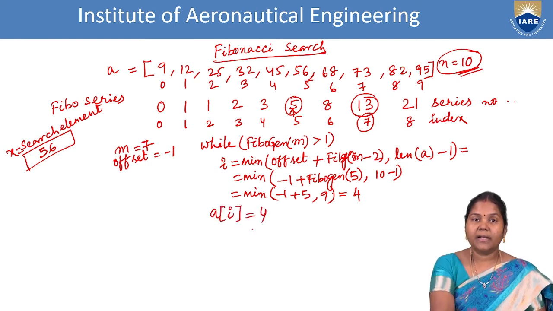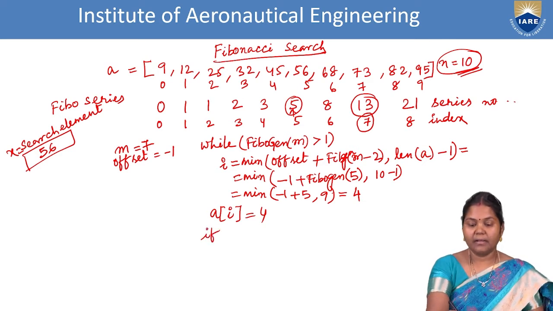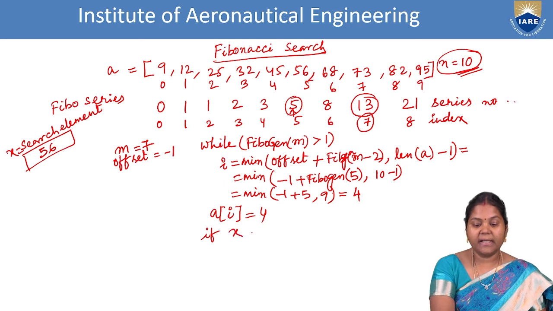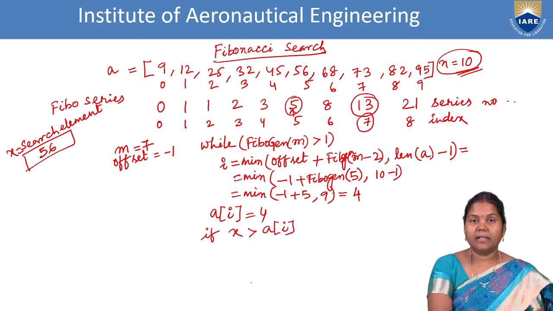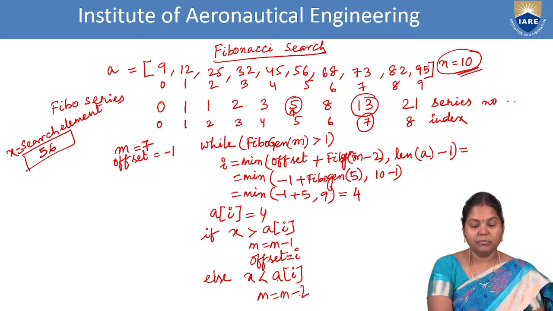Now, write down the conditions for searching. If your search element X is greater than A of I, then we have to do M is equal to M minus 1 and offset is equal to I. Else, if X is less than A of I, then we change M to M minus 2.